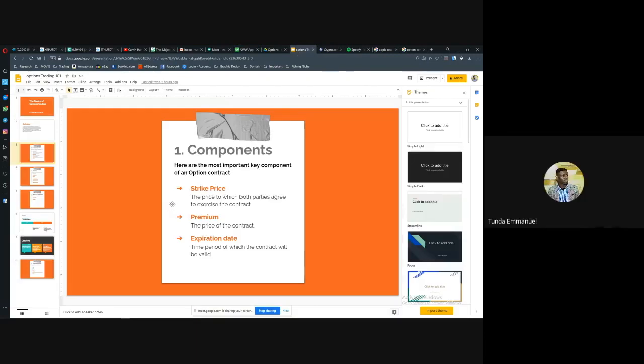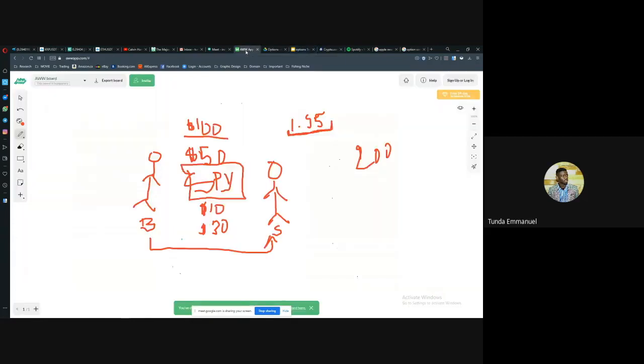So just to make sure we understand a few important components of the option contract. The first thing to understand is the strike price. The strike price is the price at which you agree to buy that specific security.